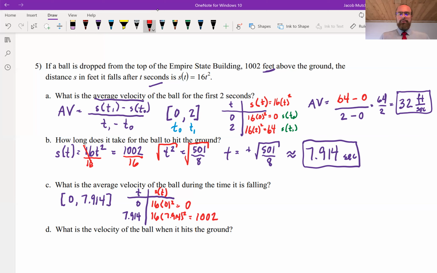So I'm going to use those values again in the average velocity formula. We'll set it up again. So average velocity for my numerator, those are my two values in red there. The actual distance fallen, so 1002 minus 0 over 7.914 minus 0.